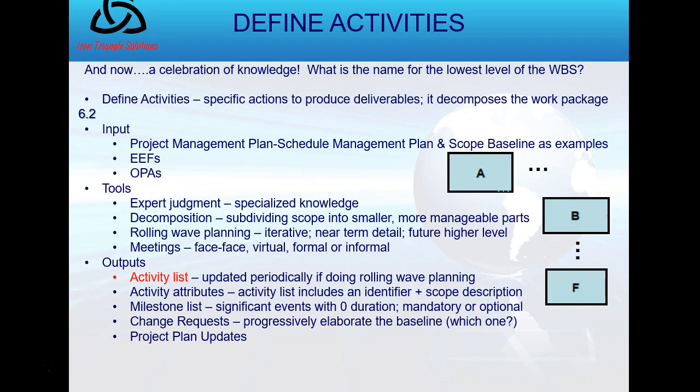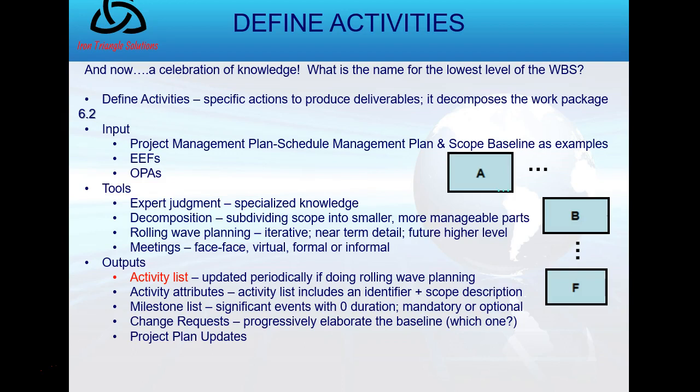The input is the project management plan. So I want you to think of the schedule management plan, which we just did, and the scope baseline. So remember, I've said over and over, the outputs of previous processes often become inputs into my current process. So in planning schedule management, if you look on page 25, you'll see above it, scope.